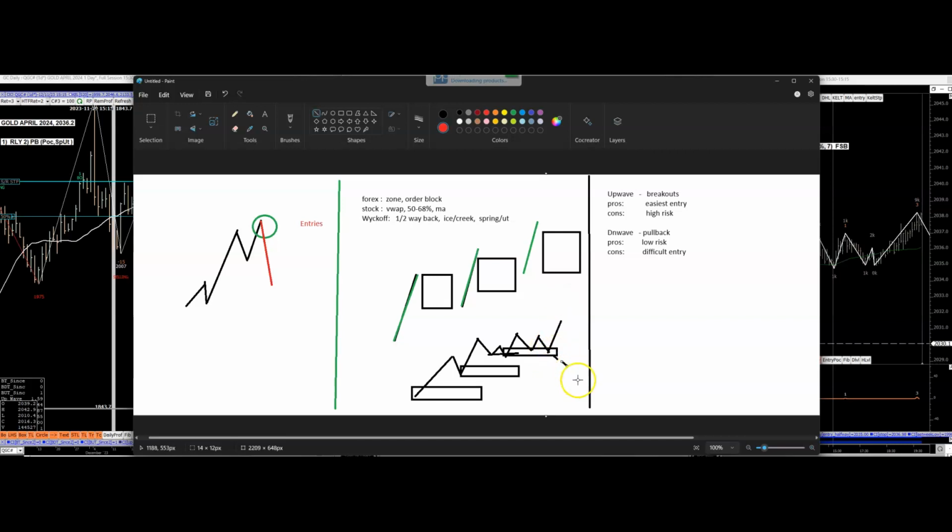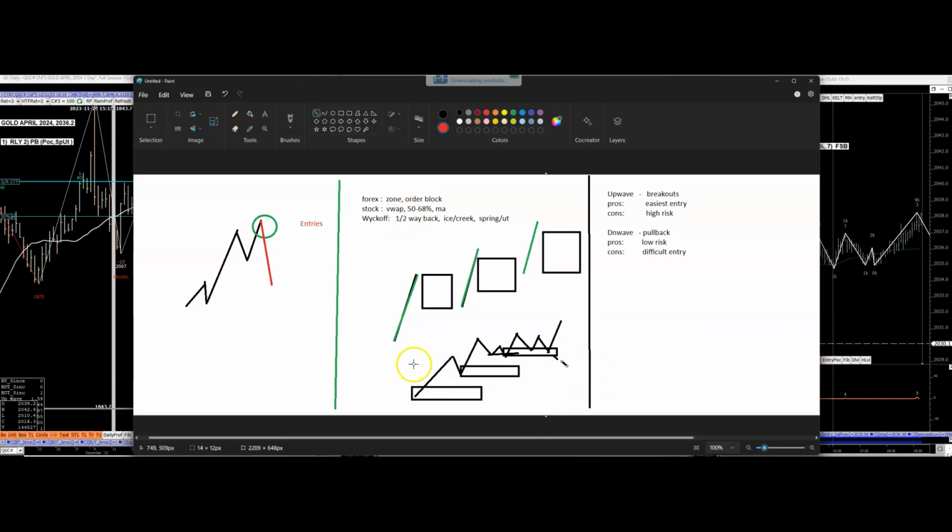So it works or it doesn't. But the thing is, you missed here, and then you finally get in up here. This typically happens with the Forex guys that want to buy the low. You better know how to time this right, because otherwise you're going to get taken out. So this is the problem.